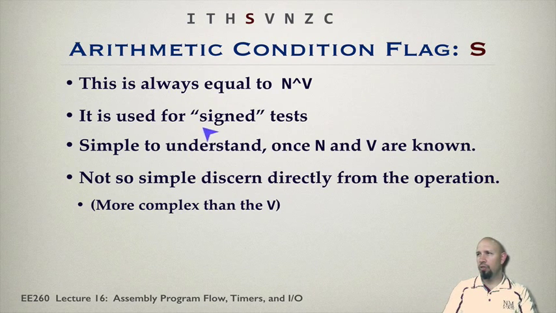So this is always used for signed tests. We'll come back to that in a little bit. It's simple to understand. That is, S is always equal to this. Once you know N and once you know V, S is just given by that expression. So it's not so simple to discern what this result will be from the operation itself. It's definitely more complex than V.